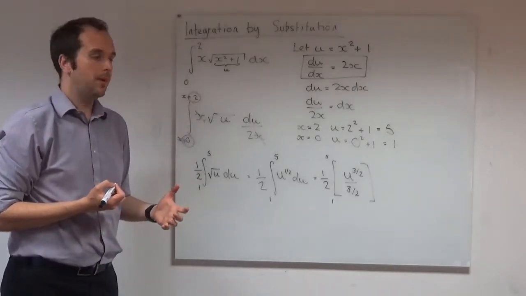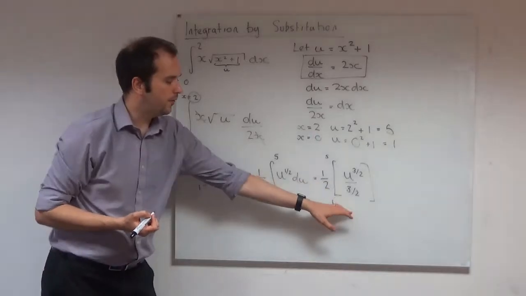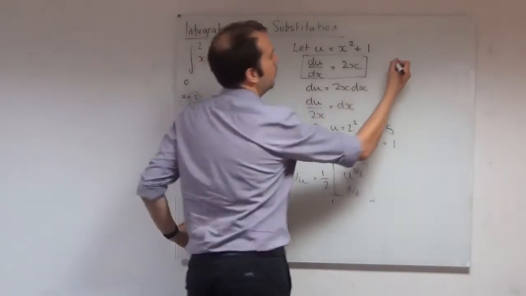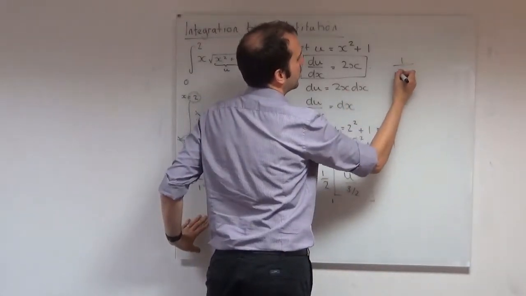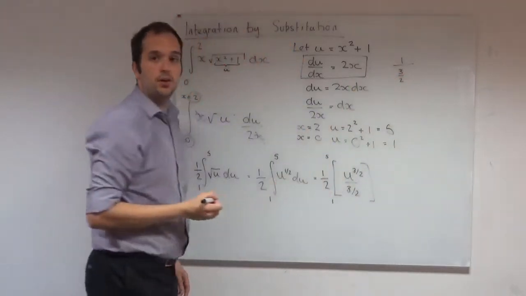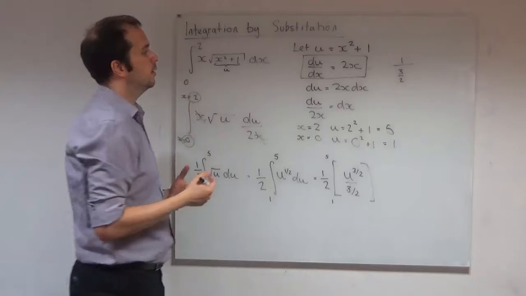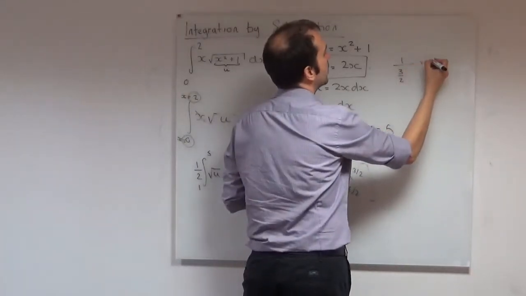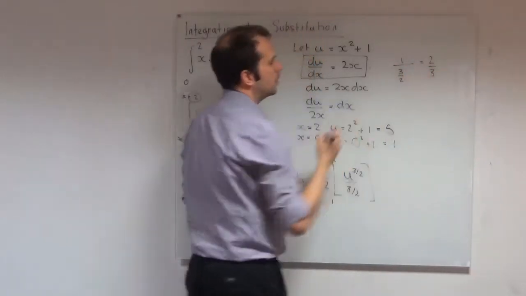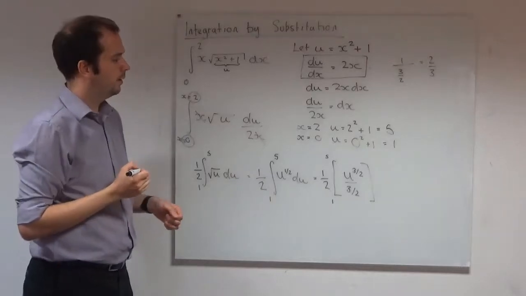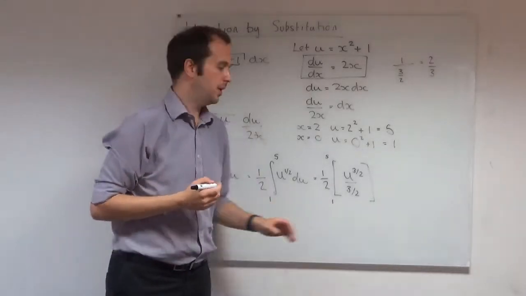Now a good thing to remember when we're dividing by a fraction, if we have 1 divided by 3 over 2, we can basically just flip that fraction over. So 1 over 3 over 2 is just 2 over 3.